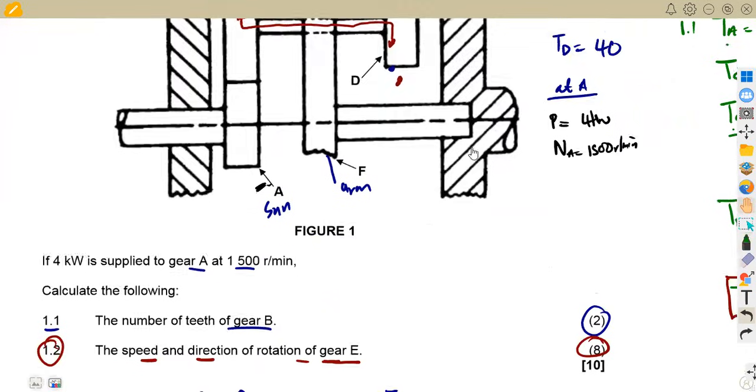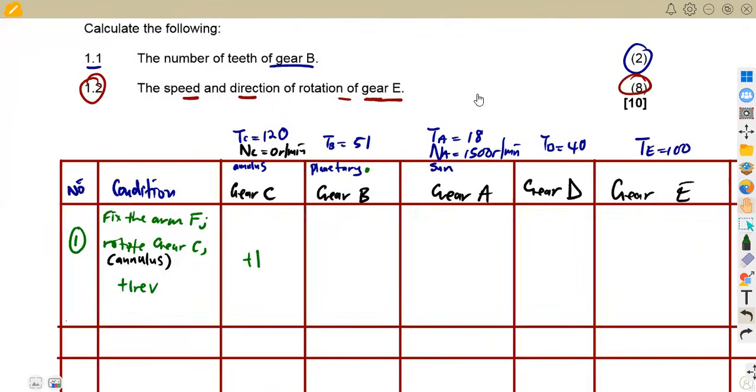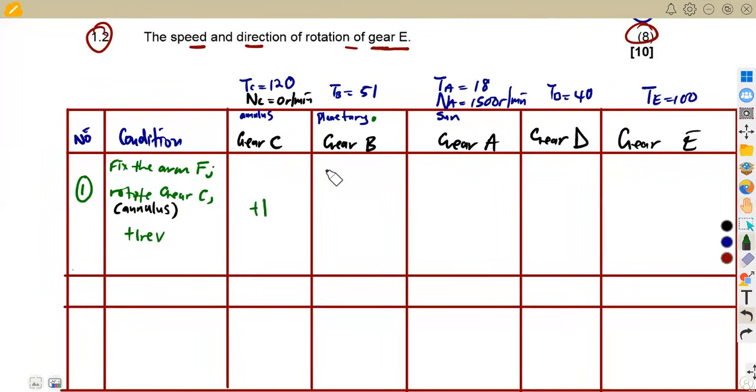The driven, which is the annulus, TC, over the driver, TB. Both are clockwise. So that's 120 for TC, we have 120 over TB, which in this case is 51. That gives 2.353. All right, so you're going to obtain 2.353.